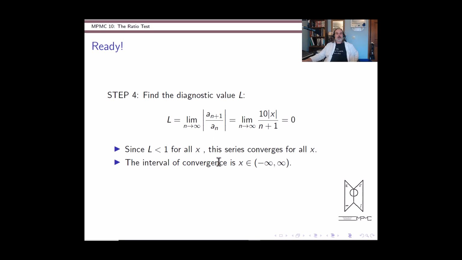There's also a thing called the radius of convergence, which is half of the length of the interval of convergence. And so in this case, that's also infinity. The term radius of convergence can throw people off in Calc 2 because you're talking about a number line. What the heck is a radius on a number line? This is an inherited term from the study of complex variables, where the numbers themselves are displayed in a plane.